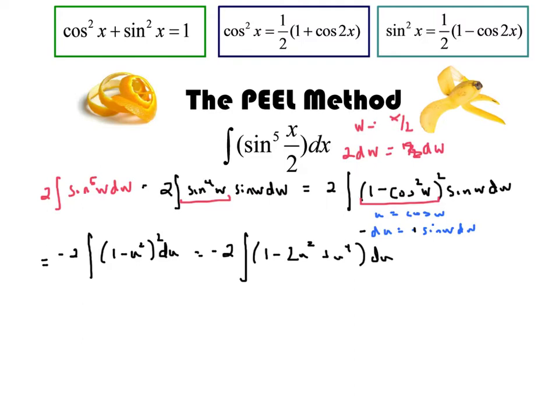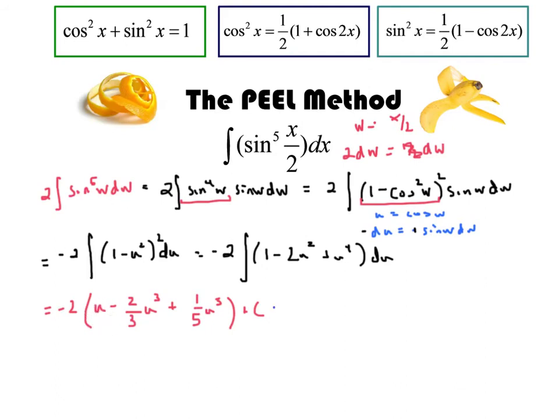So when I do the integral, the antiderivative, we write the negative 2 here. The antiderivative of 1 is u. We got minus 2/3 u cubed plus 1/5 u to the fifth. And we will have a plus c out here. Now let me do a couple things at once. Let me multiply the negative 2 in to this, and let me also substitute cosine of w for u.